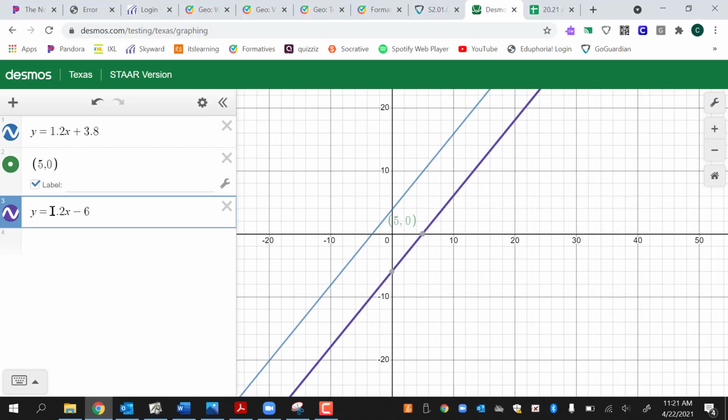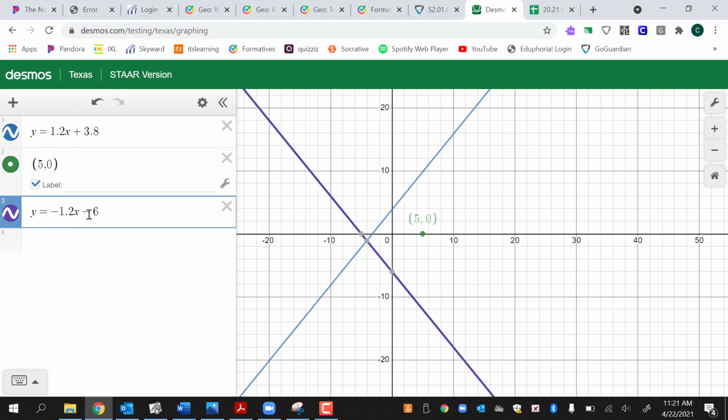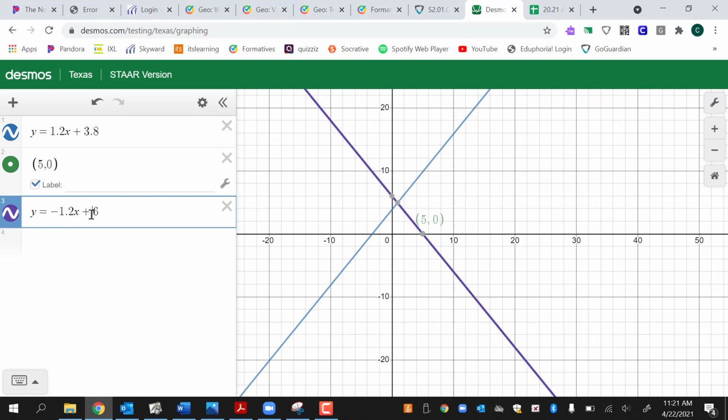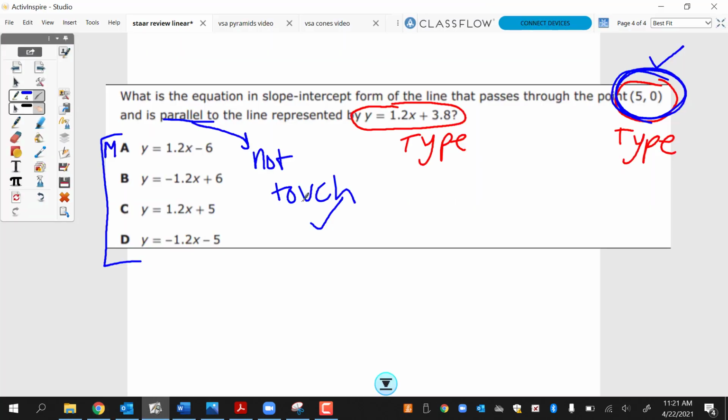The other one was -1.2x plus 6. Like this line, it goes through the point, but it crosses the line. And we said it's not supposed to touch that line. That is why B is wrong.